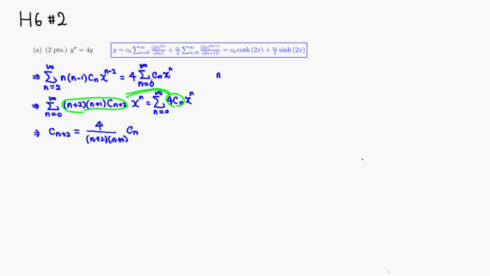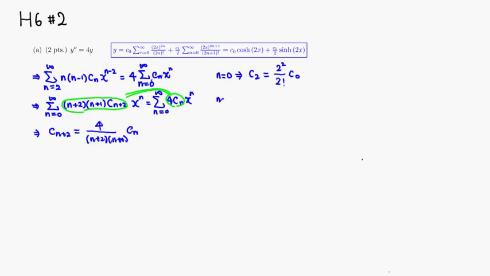When n equals 0, c2 is equal to, plugging in 0, 4 over 2 times 1. I'm going to write 4 as 2 squared, so 2 squared over 2 factorial, times c0.